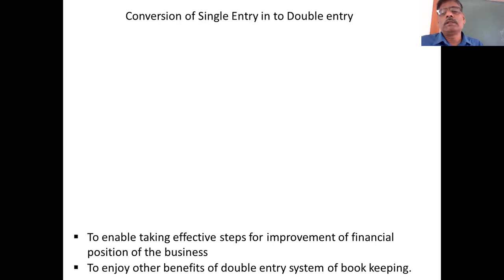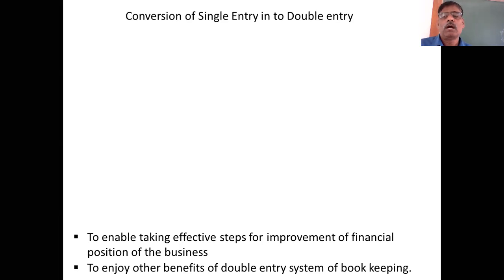Okay, and this system is called an unscientific method, inaccurate and unsatisfactory. This system is called unscientific because there is no science at all. There is no systematized body of knowledge in the single entry system of bookkeeping because a trader maintains the accounts in a manner convenient to him.